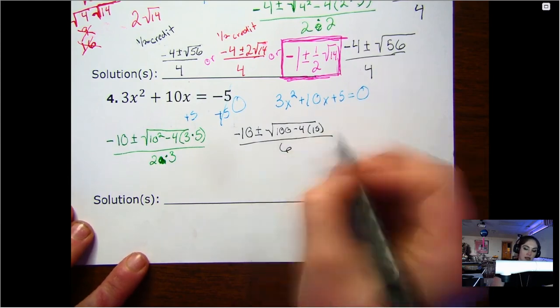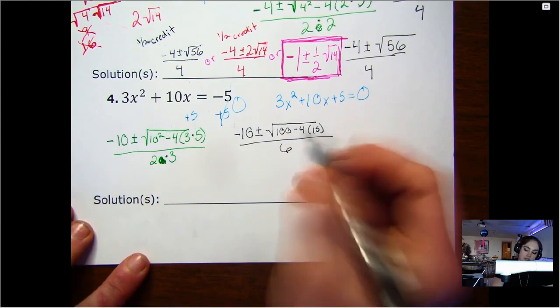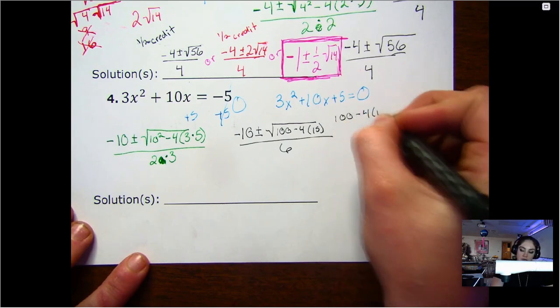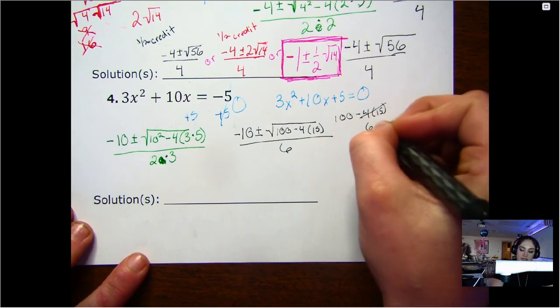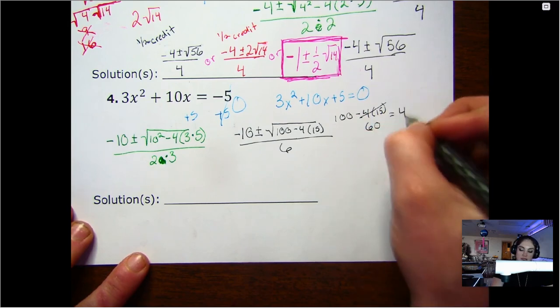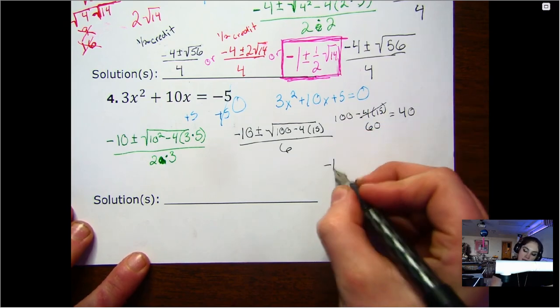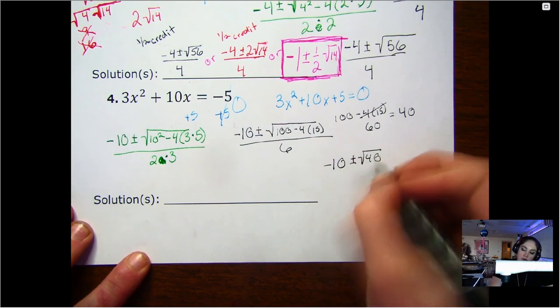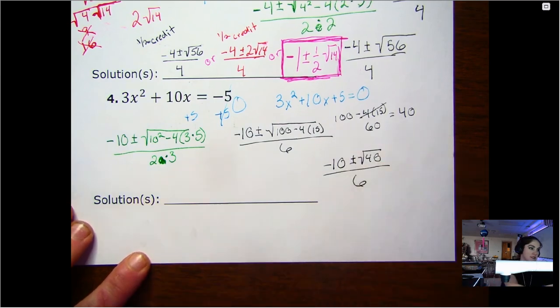So let's go ahead and solve under this. 100 minus 4 times 15, that gives us 60. 100 minus 60 gives us 40. So that will be negative 10 plus or minus the square root of 40 over 6.